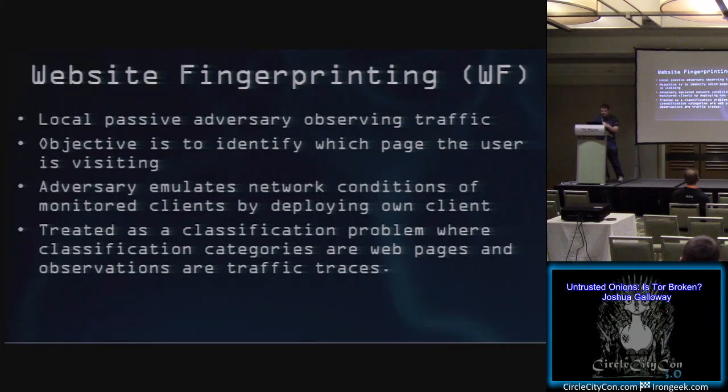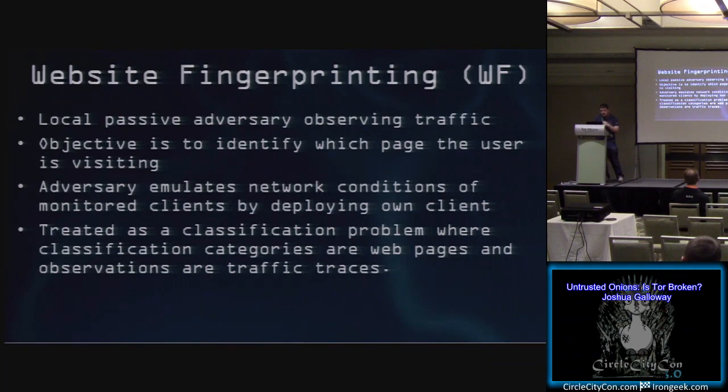So if you're intercepting Tor traffic, even without knowing the contents, the pattern of it is unique. Let's say you want to monitor 500 different hidden service pages.